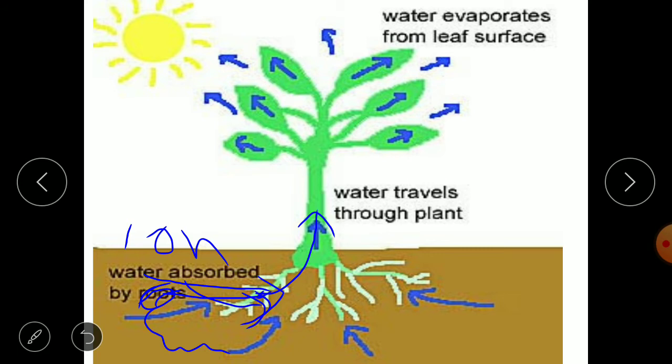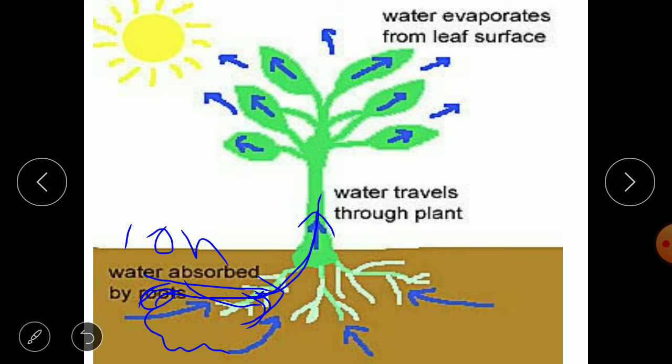Okay, in plants, this root pressure is capable enough to raise the water and minerals only up to little heights. It is capable of raising water in small plants, but in bigger, tall trees one more strong force takes place.